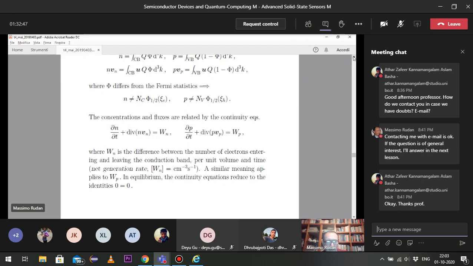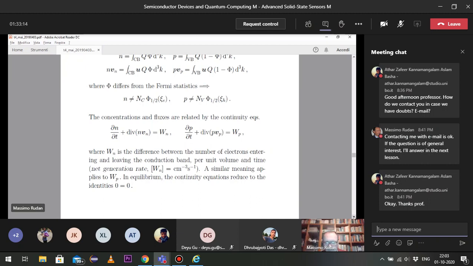The fluxes are small n Vn and small p Vp. Or equivalently, the current densities, okay? Jn, that is proportional to nVn, or the current density Jp that is proportional to pVp, okay?